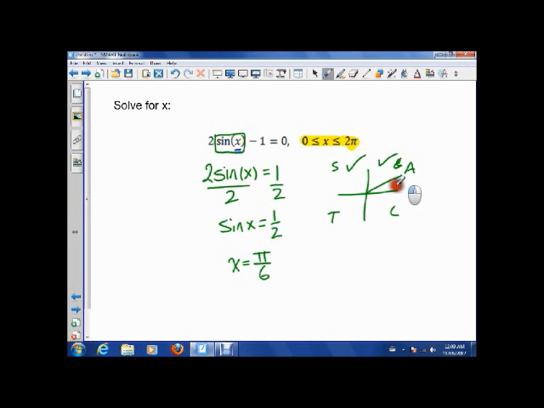So there's pi by 6, and my other answer should be there with pi by 6, which means that answer there is 5 pi by 6. Okay? Alright, so that's the first one.